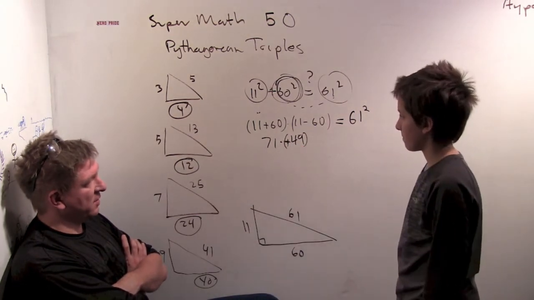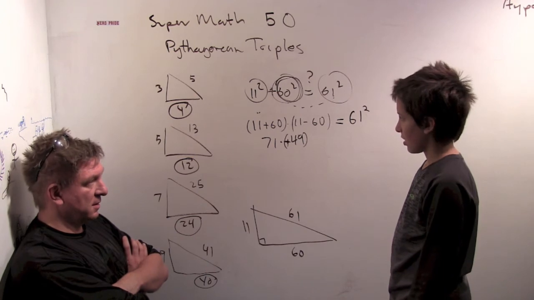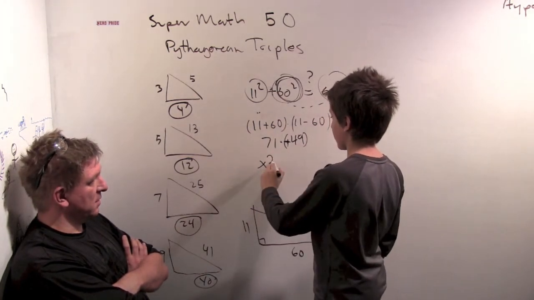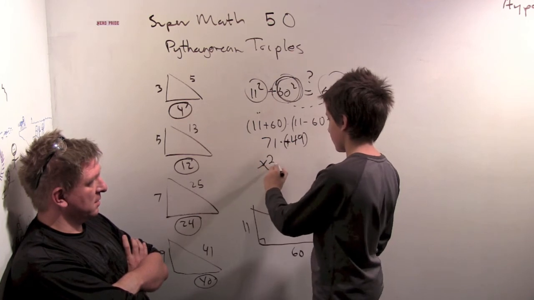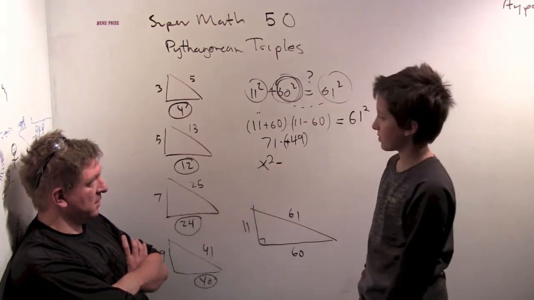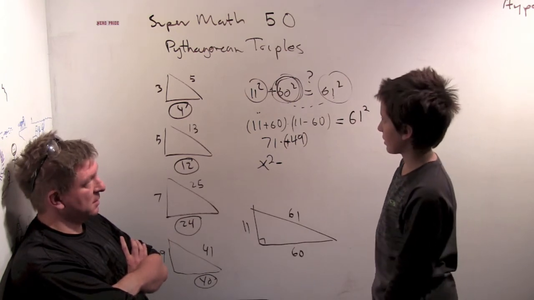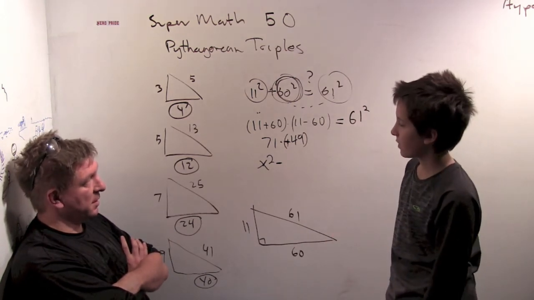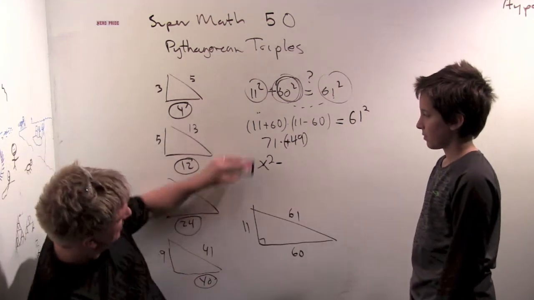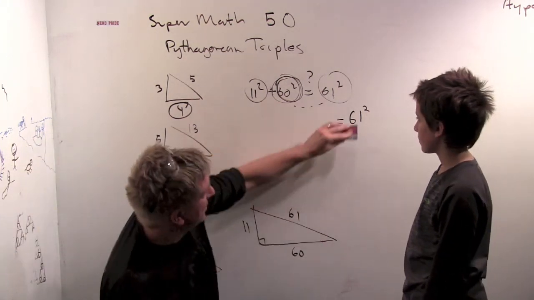What is the formula you're using here? For the difference of squares, it has to be x squared minus y squared. What do you have there? x squared plus y squared. So can I use a difference of squares here? No. What do I need to do?